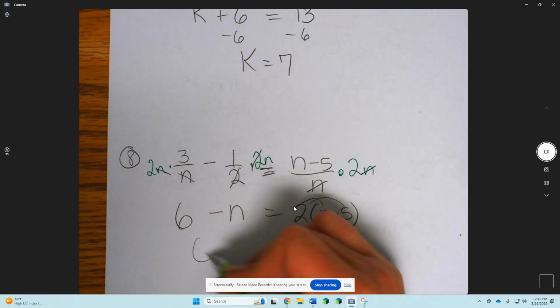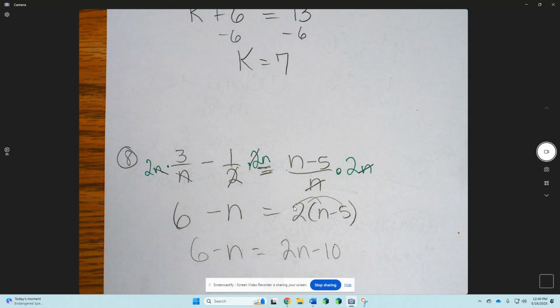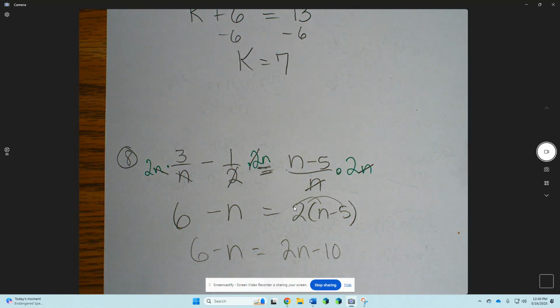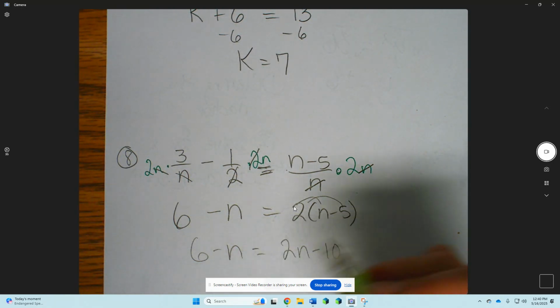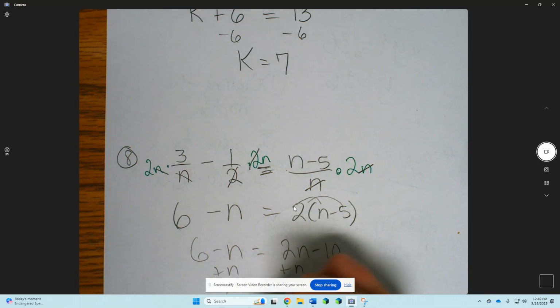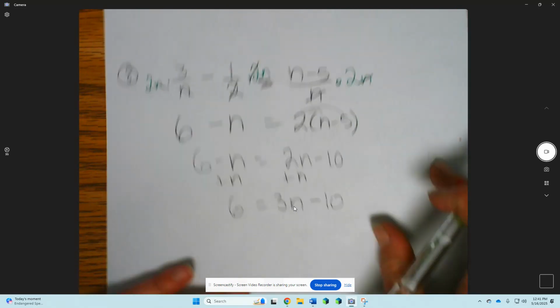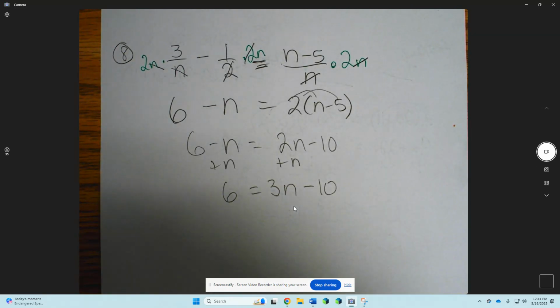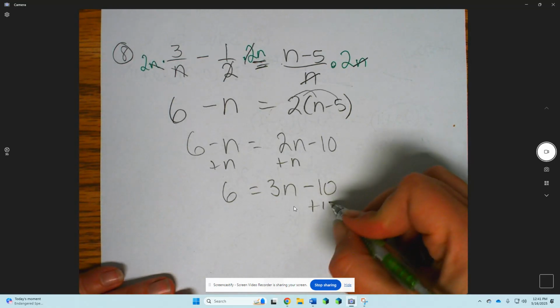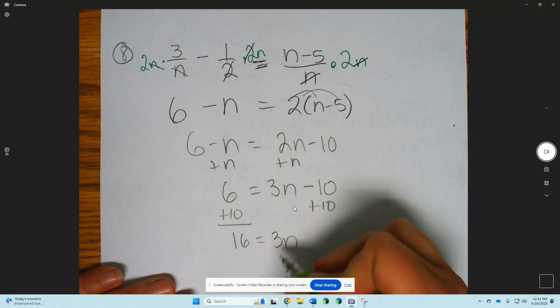Distribute. And solve for n. I added n to both sides. Now I'm going to add 10 to both sides. And divide by 3.